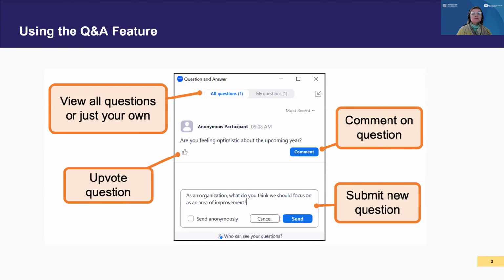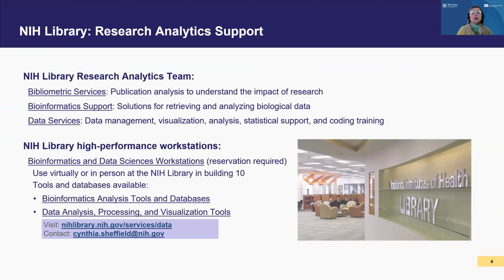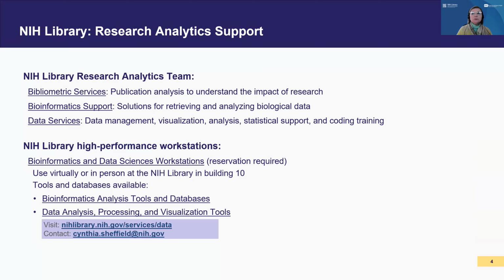Just a few quick notes about the NIH Library Research Analytics Services. Our bibliometric service provides publication analysis to staff. We also provide access to bioinformatics analysis tools and databases and related training. In data services, we provide information on data management, data visualization, data analysis, and coding language such as R and Python.